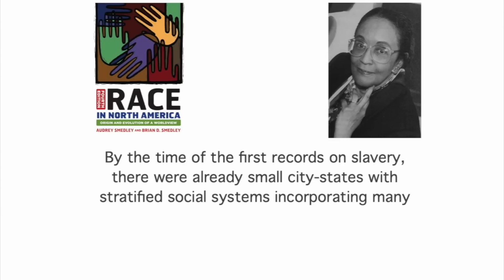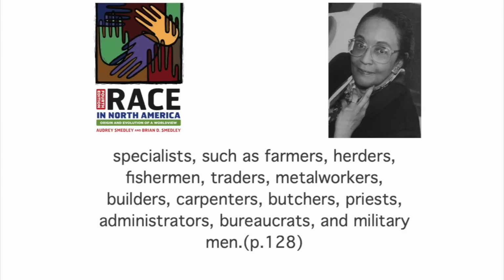By the time of the first records on slavery, there were already small city-states with stratified social systems incorporating many specialists such as farmers, herders, fishermen, traders, metal workers, builders, carpenters, butchers, priests, administrators, bureaucrats, and military men.